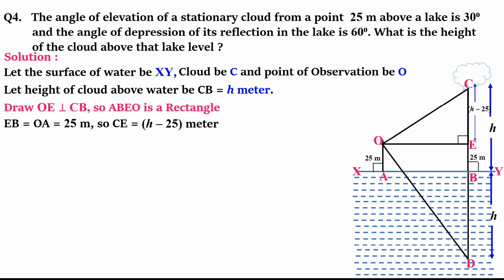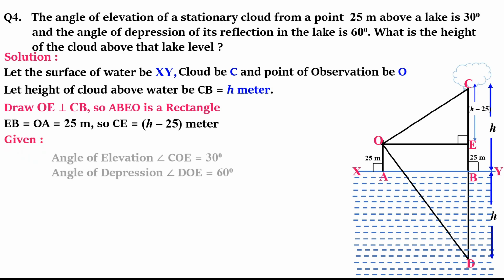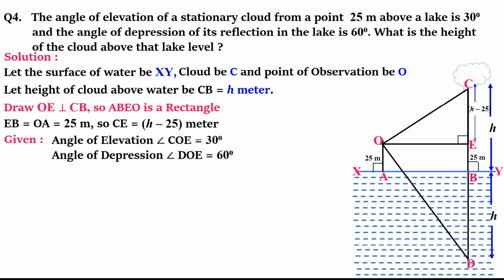Now let me mark the line of sight for the angle of depression also, because OC is the line of sight for the angle of elevation and OD becomes the line of sight for the angle of depression. Let's mark the angles also. Let's see what all things are given to us. Angle of elevation COE is 30 degree.